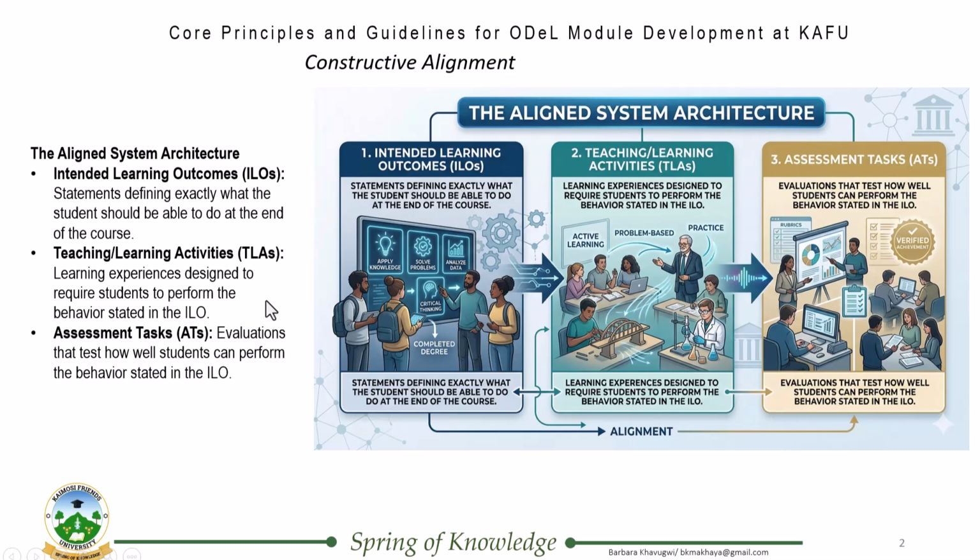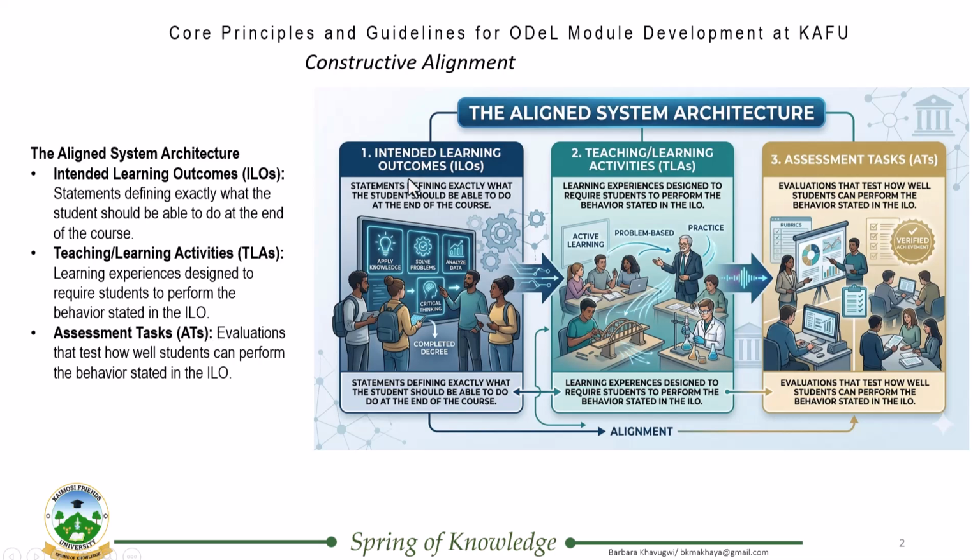So the first principle that we will look at is what we call constructive alignment. In constructive alignment, we just want to ensure for each of our modules that the intended learning outcomes that you have stated for that module or topic, the learning activities or learning experiences that you are going to design for that topic, as well as the assessment items that you are going to develop for that topic, should be clearly aligned.